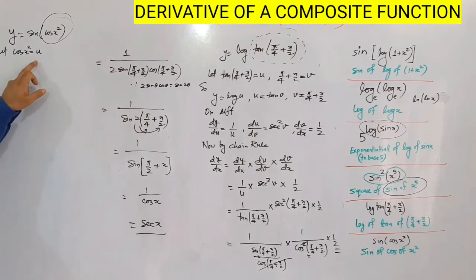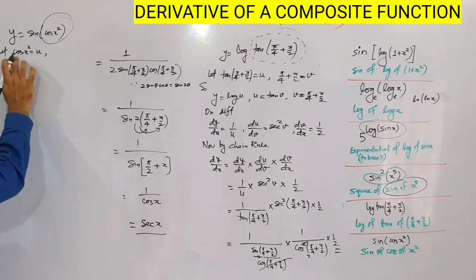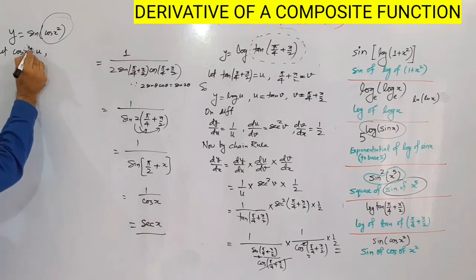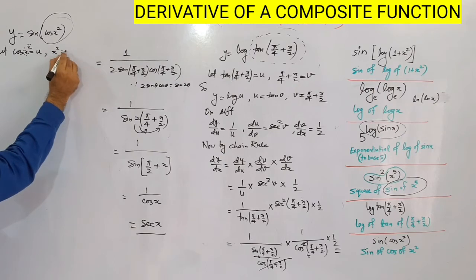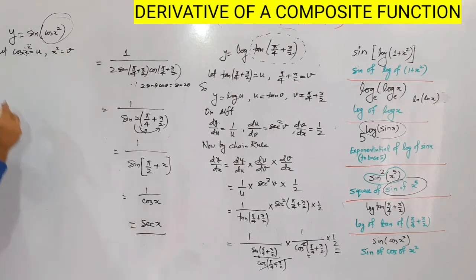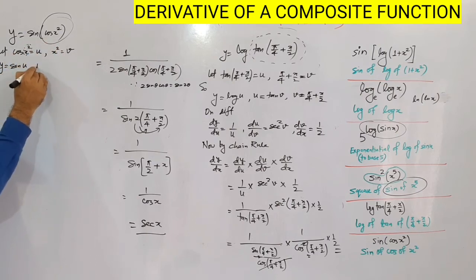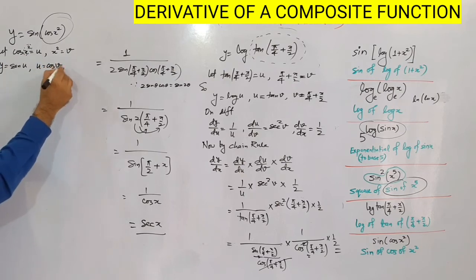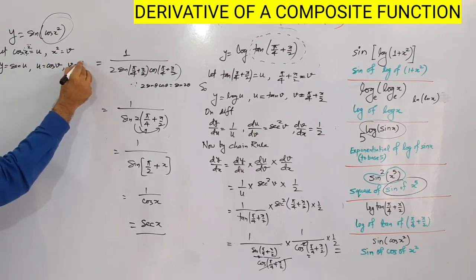Now we do not have any direct formula for cos of x square. So cos of some variable, so x square will be treated as v. So what it gives us, y now becomes sine of u. u now becomes cos of v, and v actually is x square.